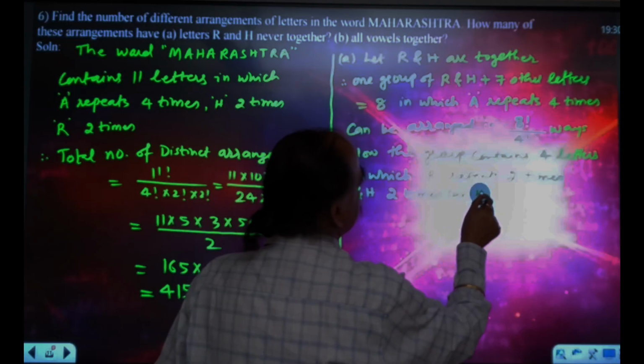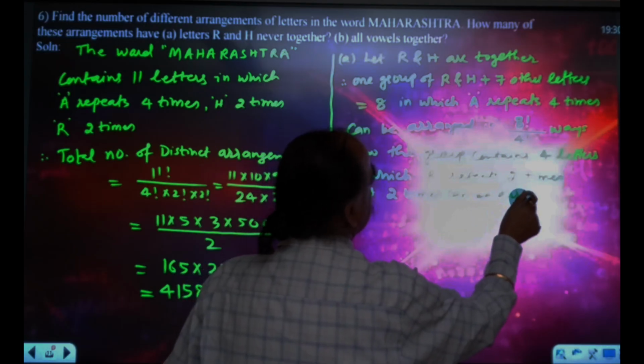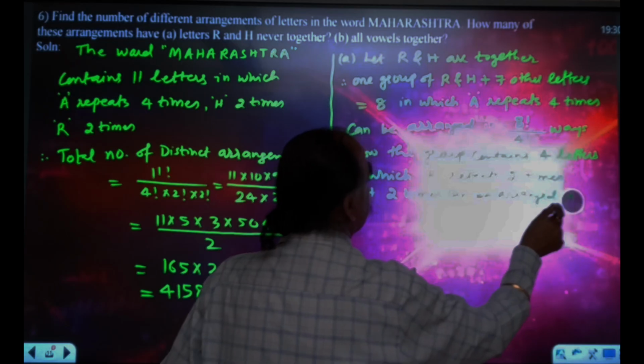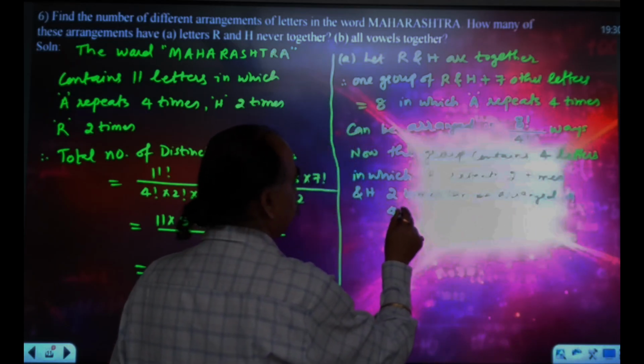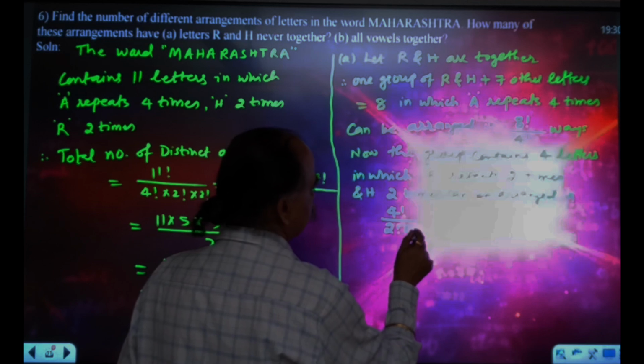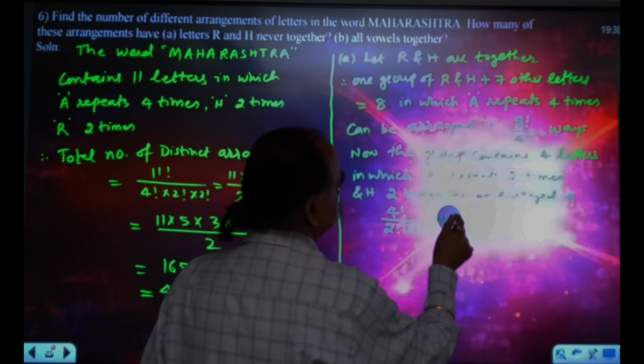This can be arranged in 4 factorial divided by 2 factorial into 2 factorial ways.